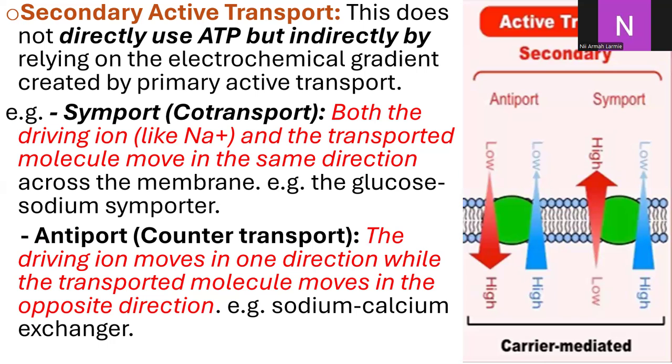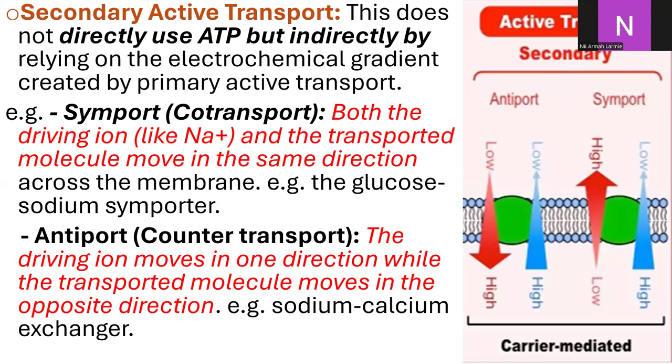Then we have another example, which is the antiport, or a counter transporter. In this case, we are moving an ion in one direction, and the transported molecule is moving in the opposite direction. So this is kind of like an exchanger.